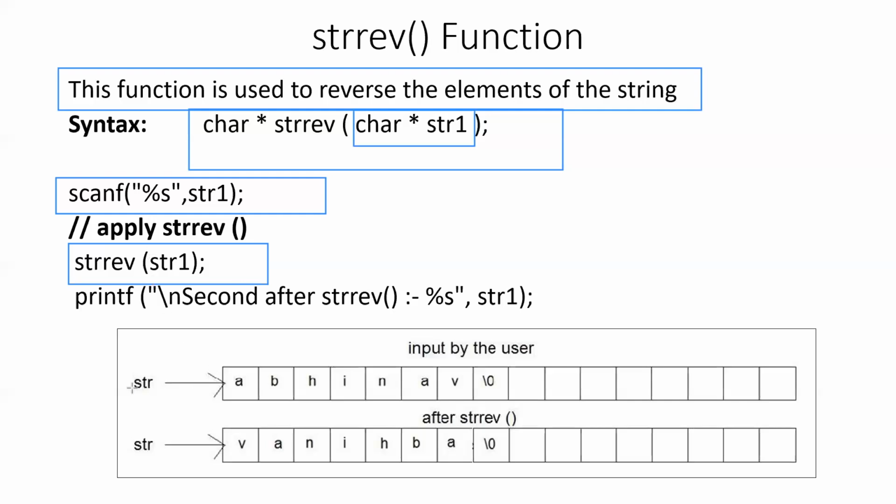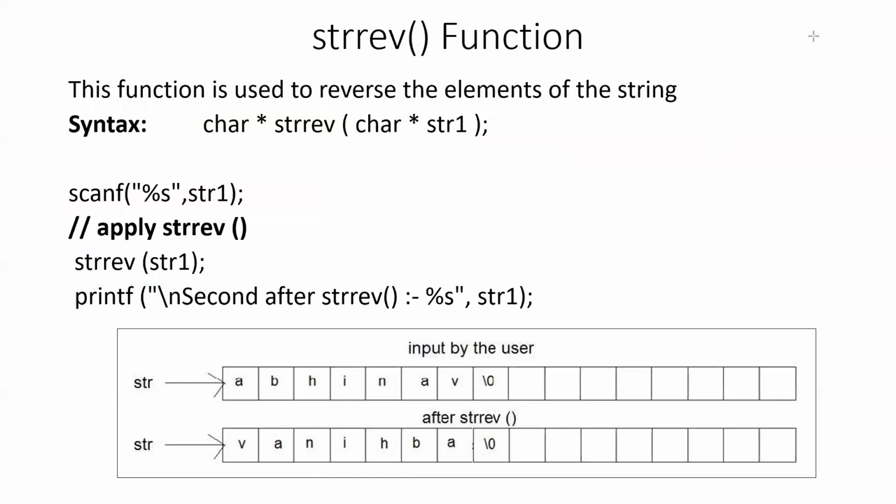So if the user enters Abhinav in str1, then the reverse of the same will be VANIHBA. The null character will stay at the same position. So this is how the string reverse function actually works. It is used to reverse the contents of a string.